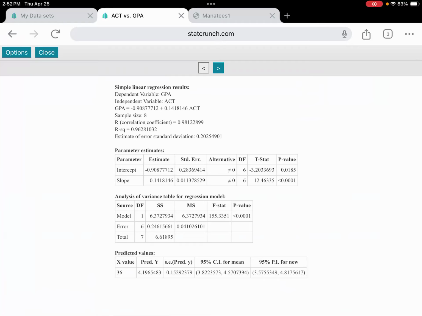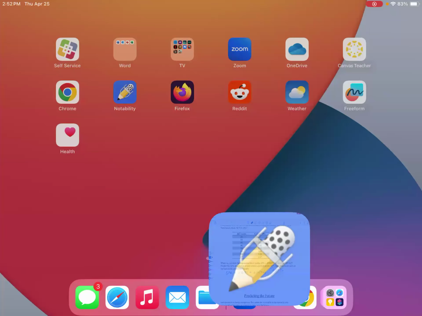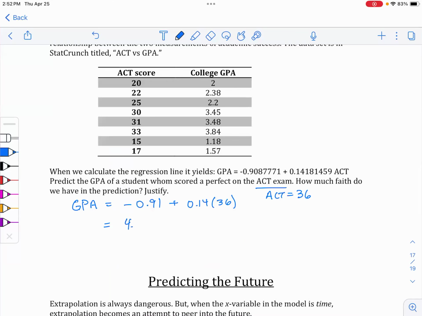So it says with an x value of 36, the y prediction is 4.220. Now, that would be the same calculation if I did 0.14 times 36 plus negative 0.91. It's just StatCrunch does that calculation with no rounding error. I even rounded those values, so StatCrunch makes the exact calculation.